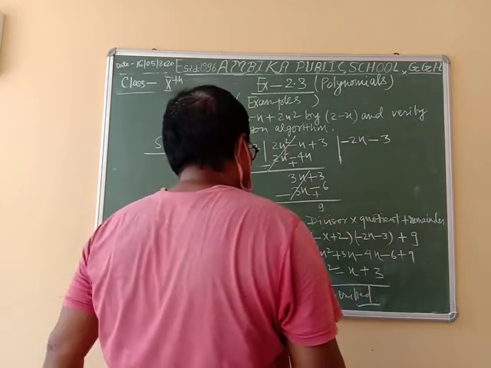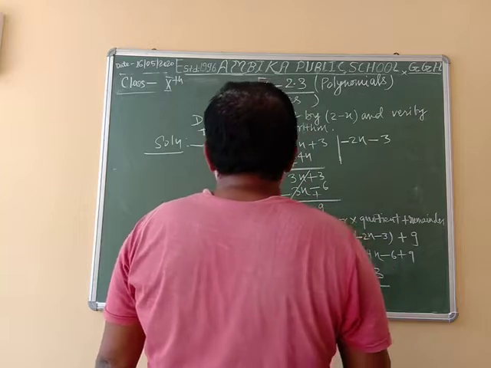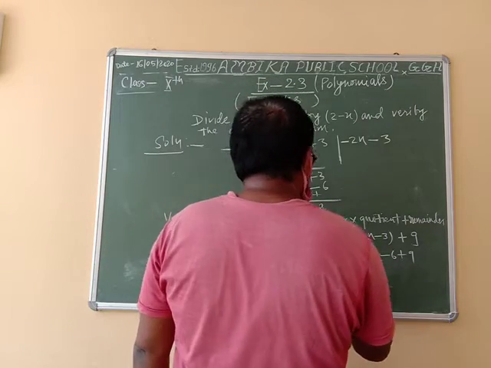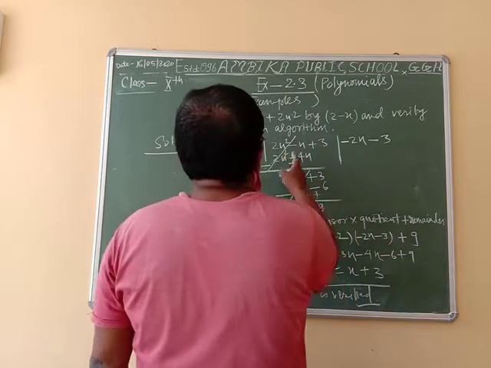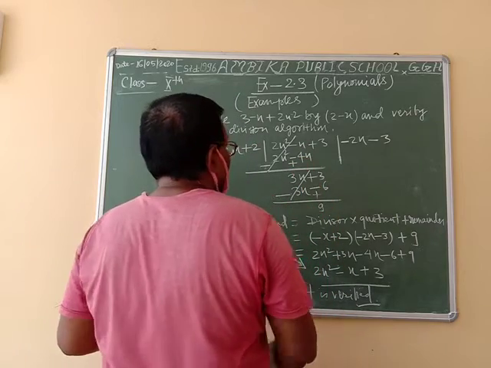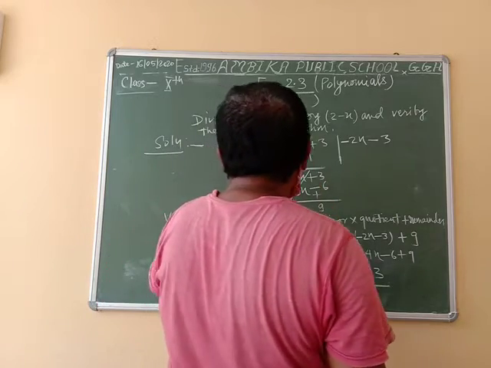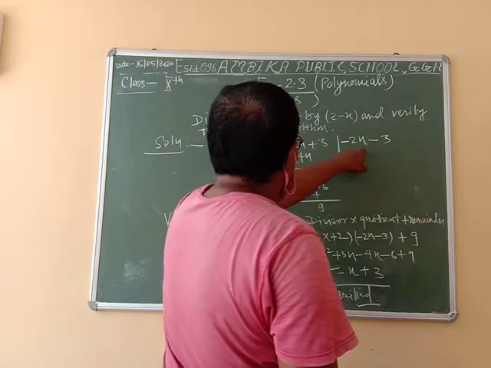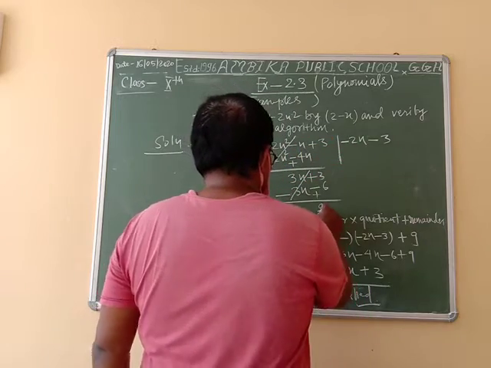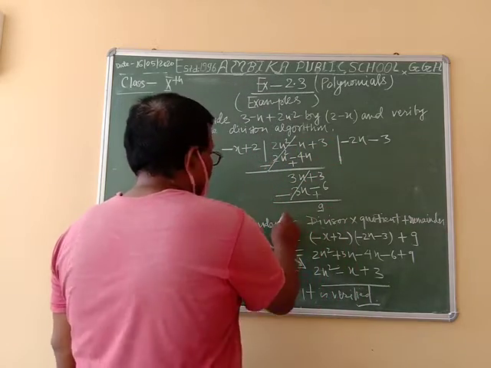So it is verified that 2x squared minus x plus 3 is the dividend. Dividend is equal to divisor into quotient plus remainder. By the division algorithm, it is verified.